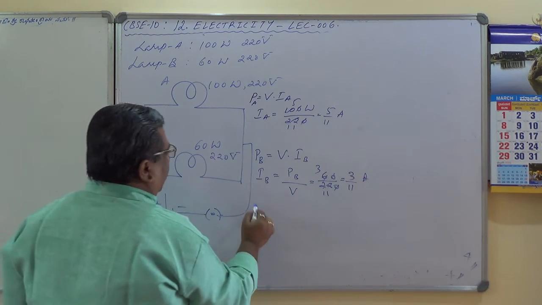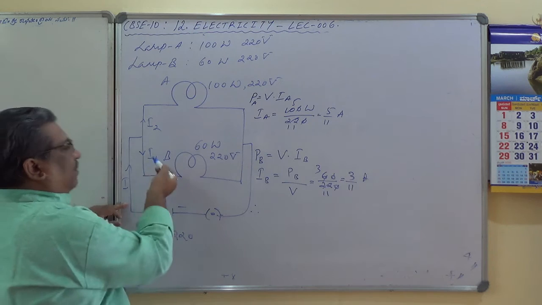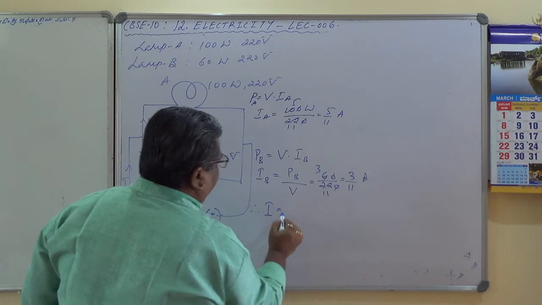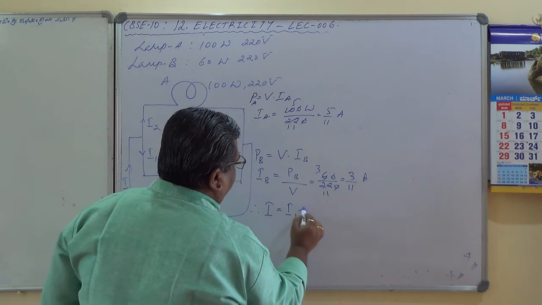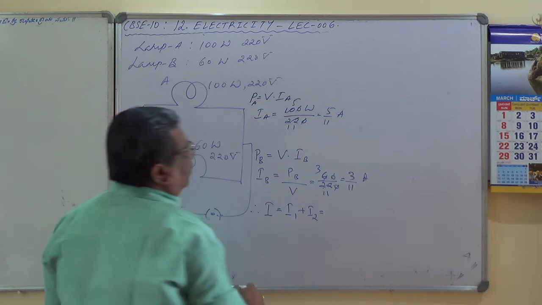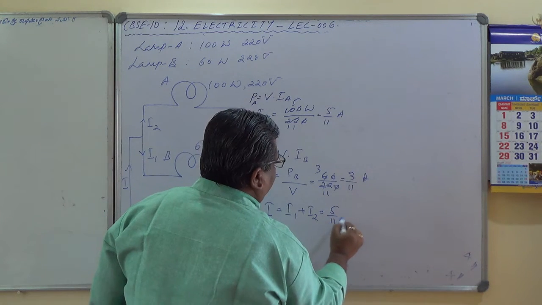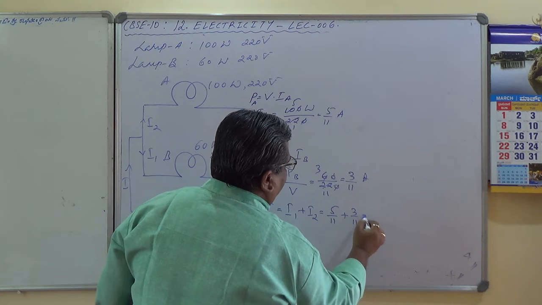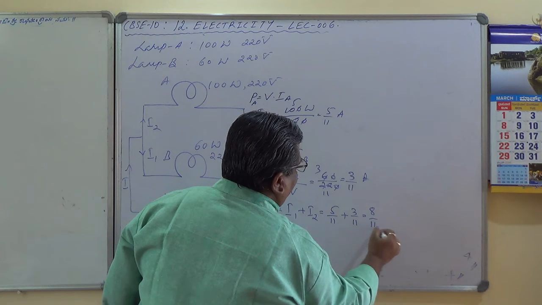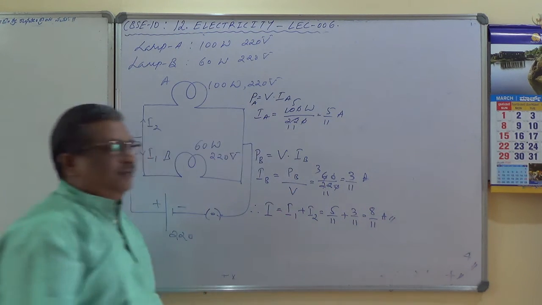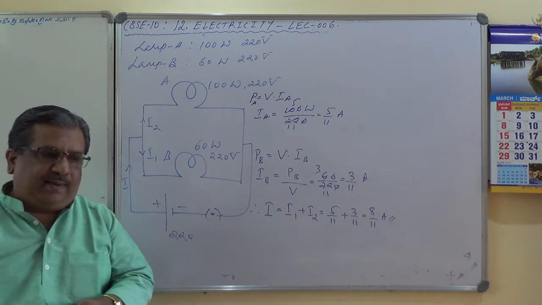And therefore the main current is I1 plus I2. The current drawn by the main circuit is I1 plus I2, which equals 5 by 11 plus 3 by 11, which is 8 by 11 amps. Check it.